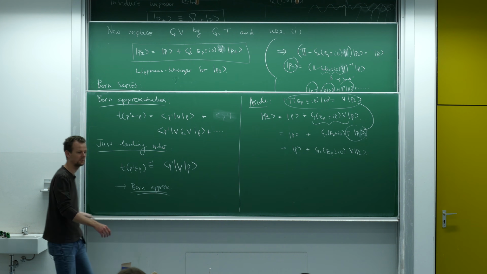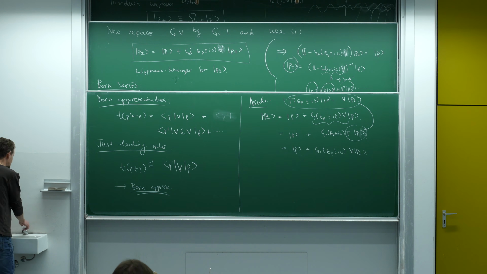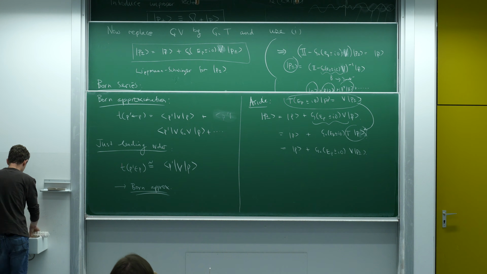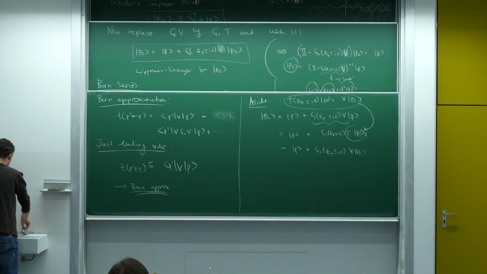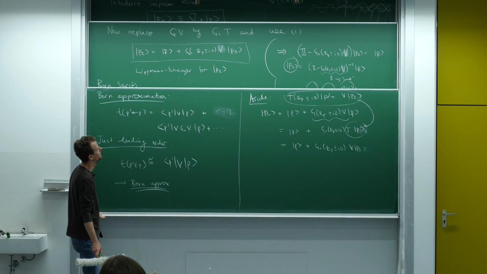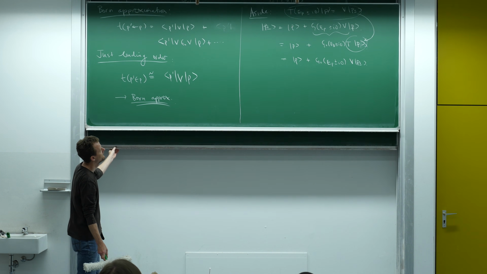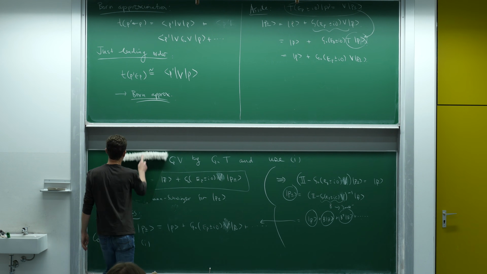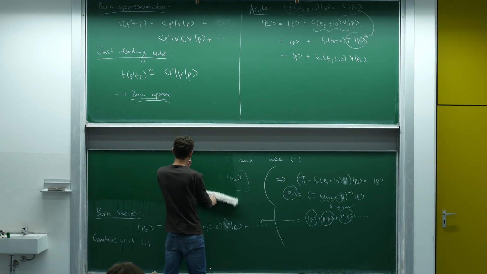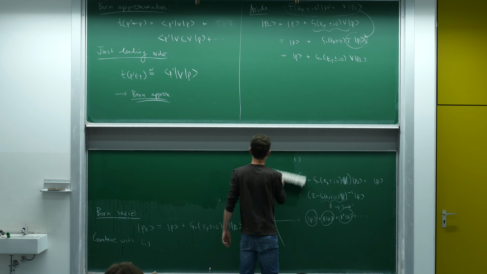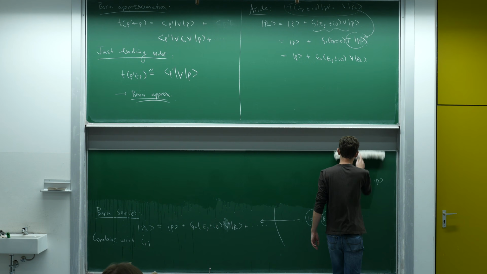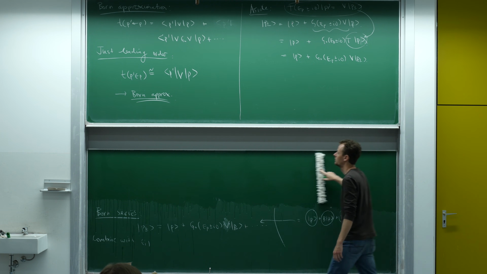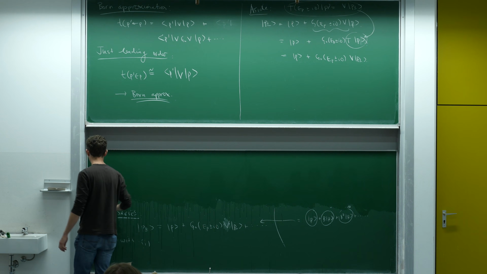P prime is another improper momentum state of the free system. And it's just a matrix element.